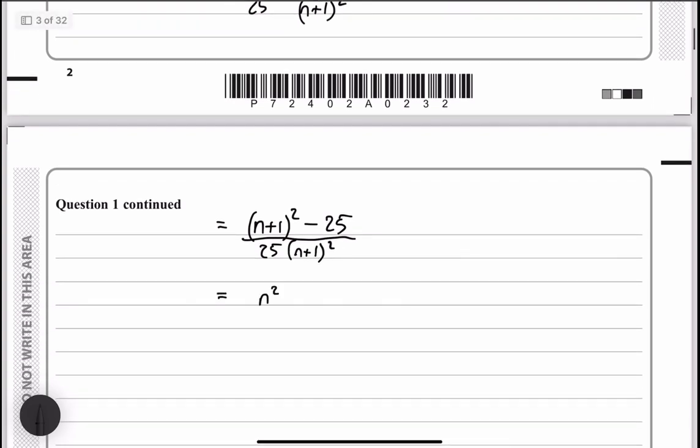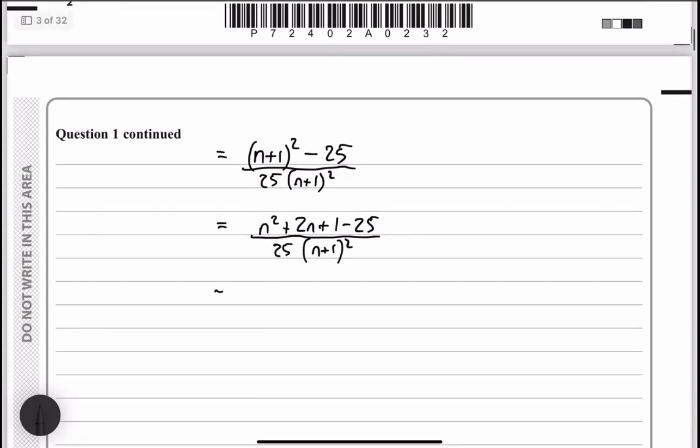So that gives us n squared plus 2n plus 1 minus 25, over 25 n plus 1 squared, n squared plus 2n minus 24, over 25 n plus 1 squared.